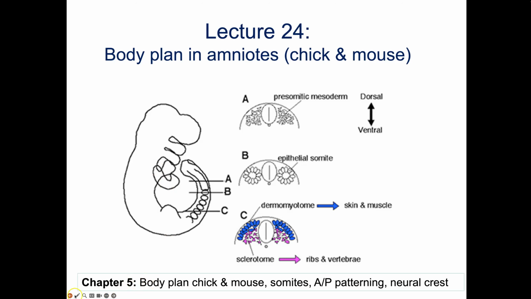And just a point, which I'm sure you already know, but we're talking about amniotes. The chick and the mouse are amniotes because their embryo develops inside the amniotic sac that has the fluid in it.